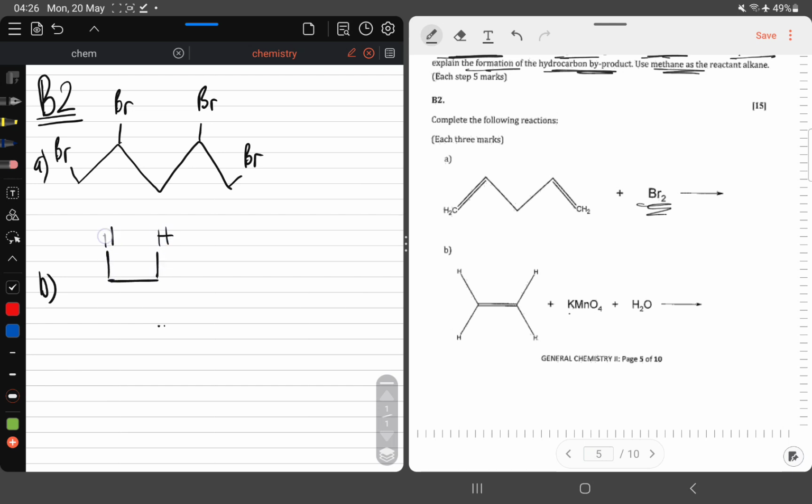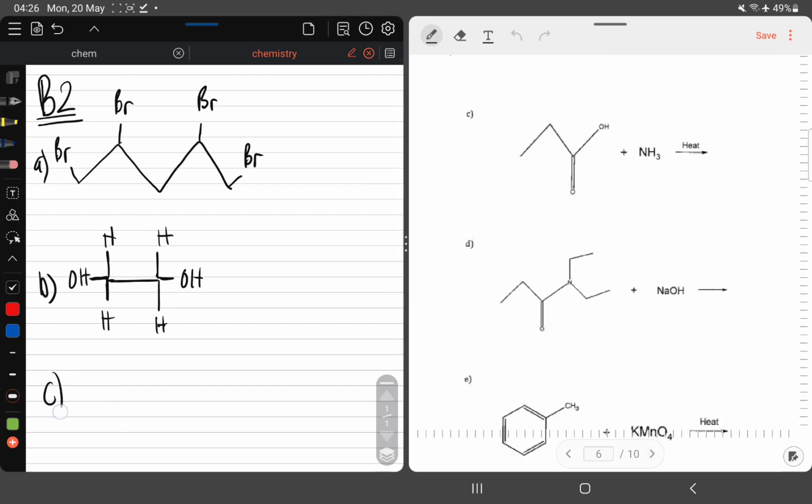H, H, H, H. And then now here you are coming, it's going to be OH, and here is going to be OH. Okay. Now that's going to be easy. We get it on this position and on this position.